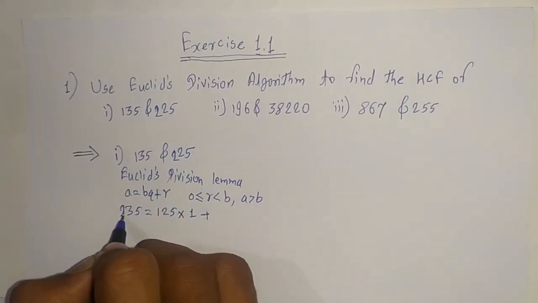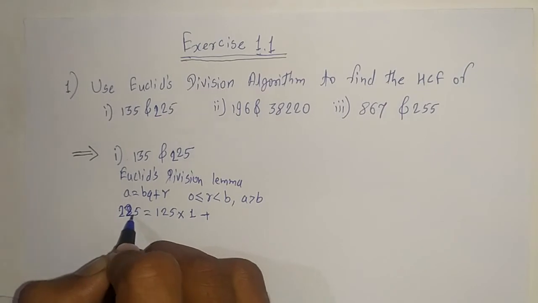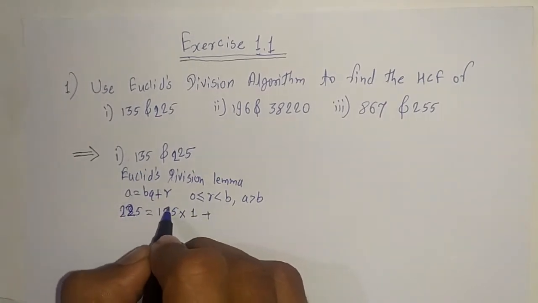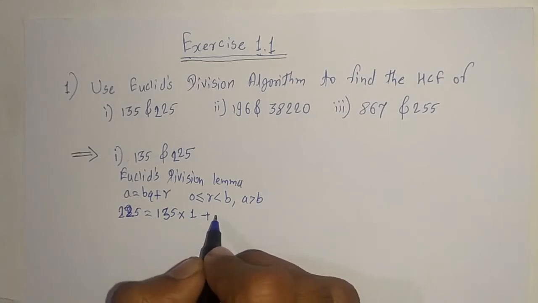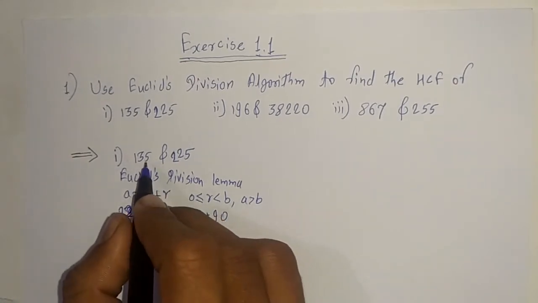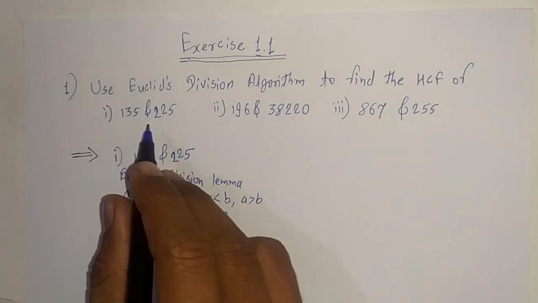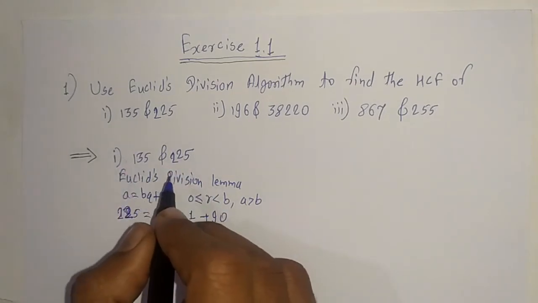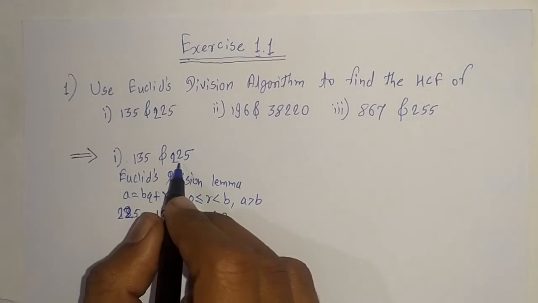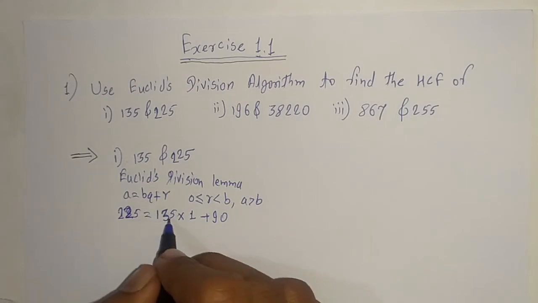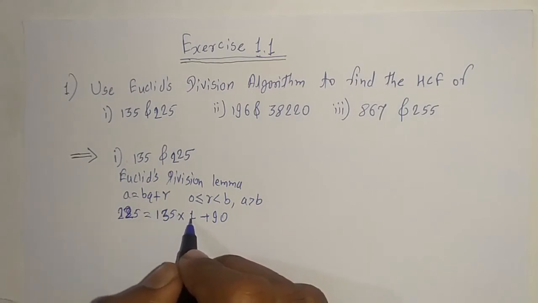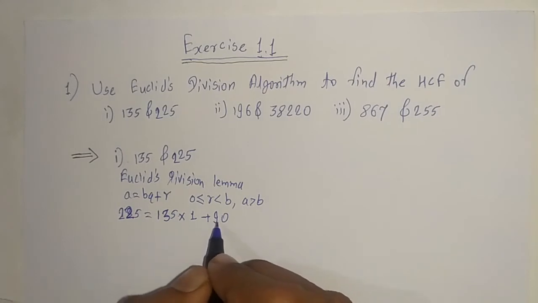It should be 225 equal to 135, sorry for the inconvenience, into 1. You will get remainder as 90. These two numbers are 135 and 225. So A should be greater than B, so we have written the 225 as A, 135 as B, quotient will be 1. What is the remainder? 225 minus 135, it will be 90.